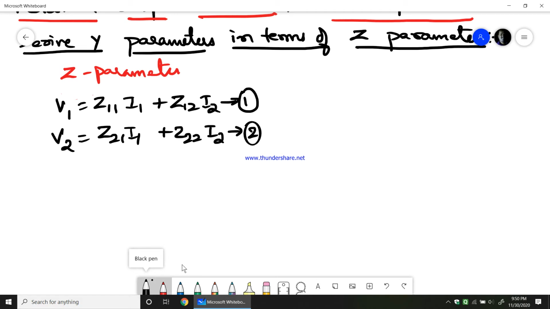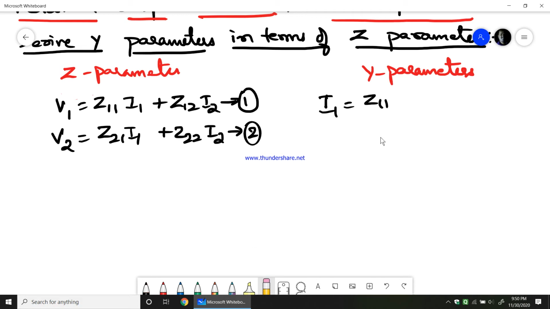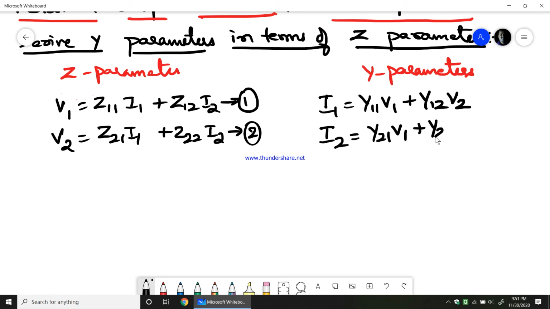So we'll write the equation for Y parameters here. For Y parameters you get I1 equals Y11 V1 plus Y12 V2, I2 equals Y21 V1 plus Y22 V2.